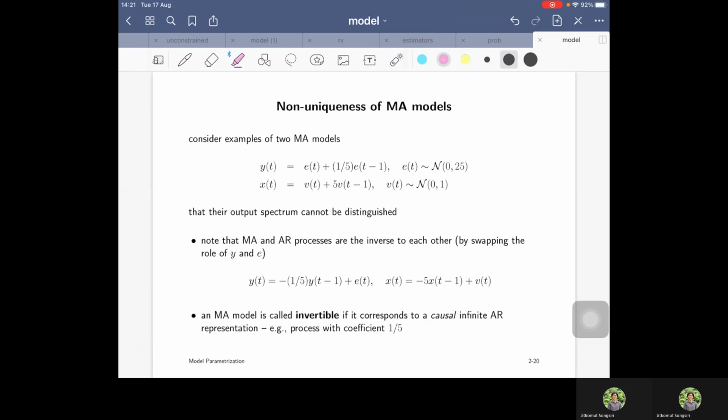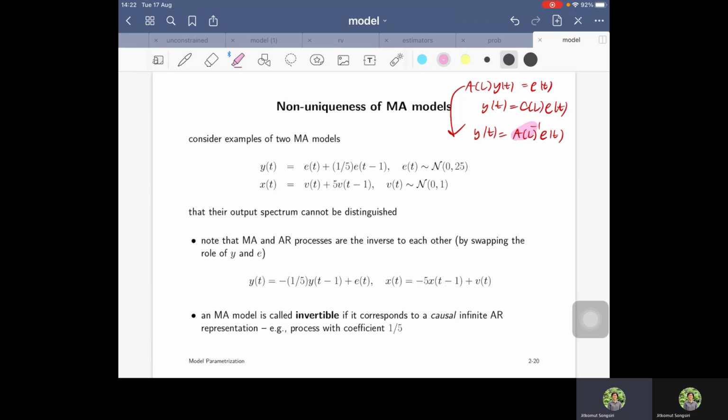Now let's talk about the moving average model. This is AR, and this is the moving average model. It looks as if you basically invert the AR process, you can obtain the equivalent moving average process.